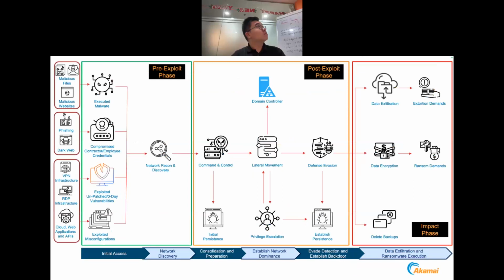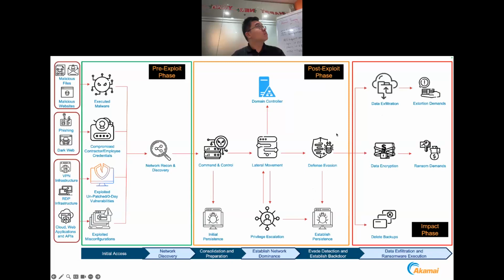Okay, let me see. I think this is a bit much at once, but what it's trying to tell you is, do you see that on the bottom part? It is like a cyber kill chain. It explains initial access, how attackers can get in, and then network discovery, what attackers will be doing, and then consolidation and preparation, and the following steps.